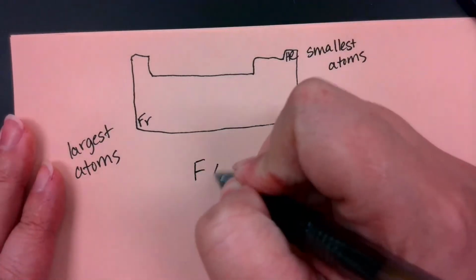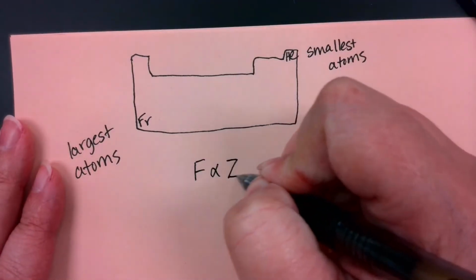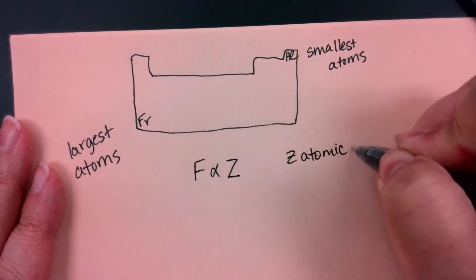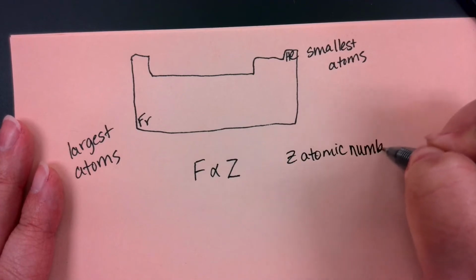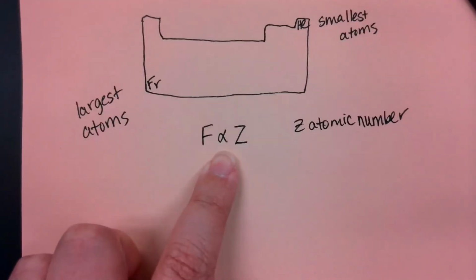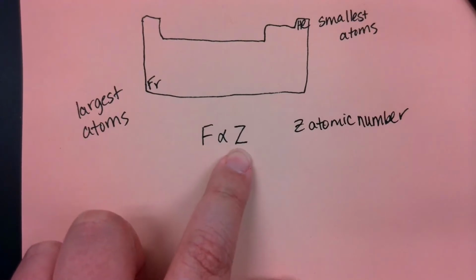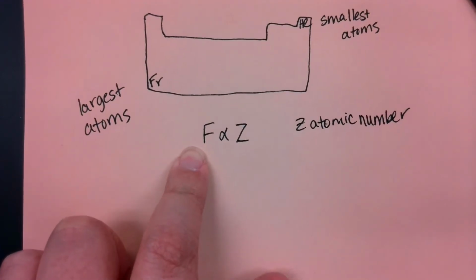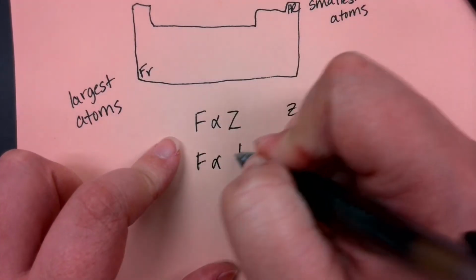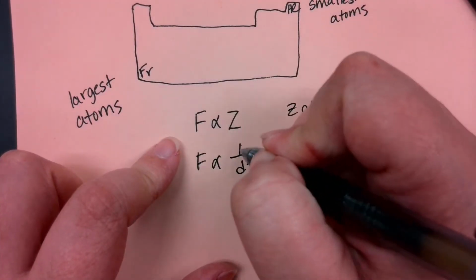The force of Coulombic attraction is related to Z, where Z is the atomic number. The fish symbol means proportional to or related to. So as the atomic number goes up, the Coulombic attraction increases. But it is also proportional to 1 over the distance squared.